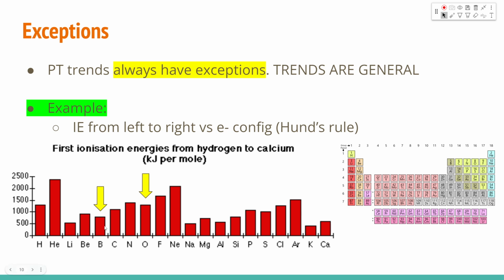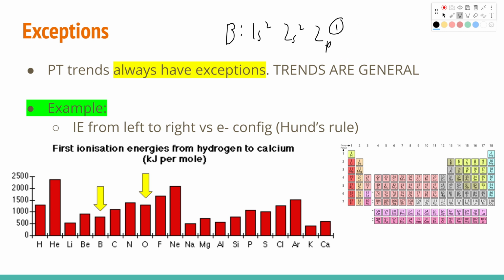So let's think about boron. So boron is over here. If I were to write down the electron configuration of boron real quick, let's just do it the long way: 1s2, 2s2, 2p1. And so ionization energy, we're trying to remove electrons.